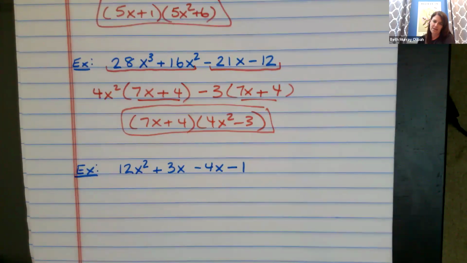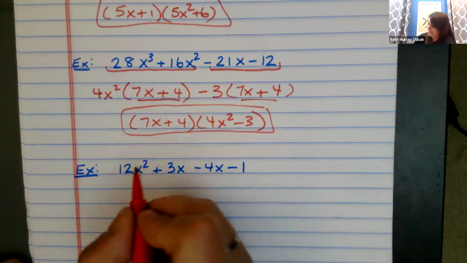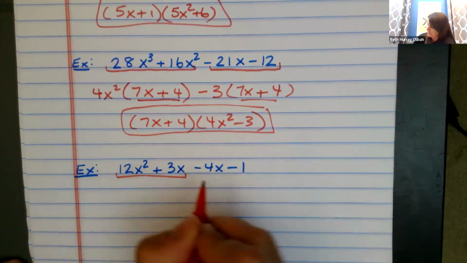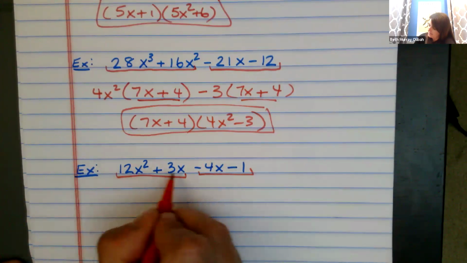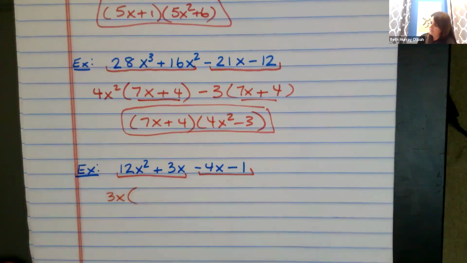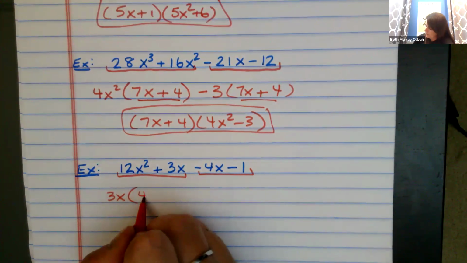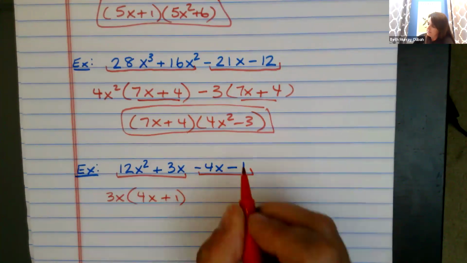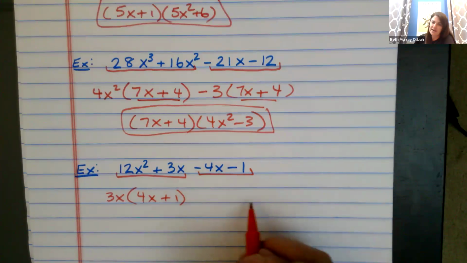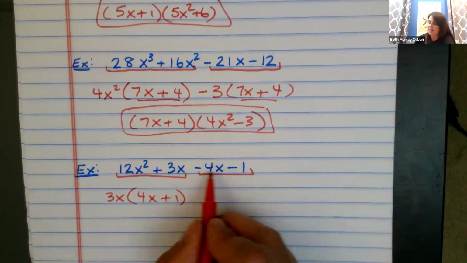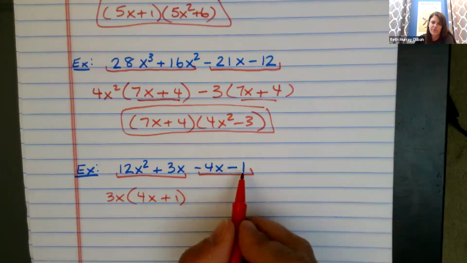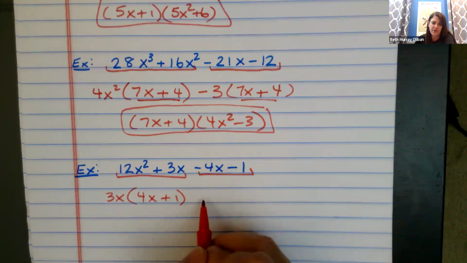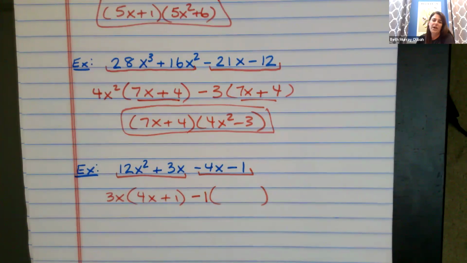Okay, maybe pause and try the next one before I do. If I take out the greatest common factor, that would be 3x. That would leave me with 4x plus 1. Same idea here. I don't want these negatives to still be there. So even though there's nothing I can take out, which means I'm going to just put a 1 out front, instead of a plus 1, I'm going to put a minus 1 to change the signs.